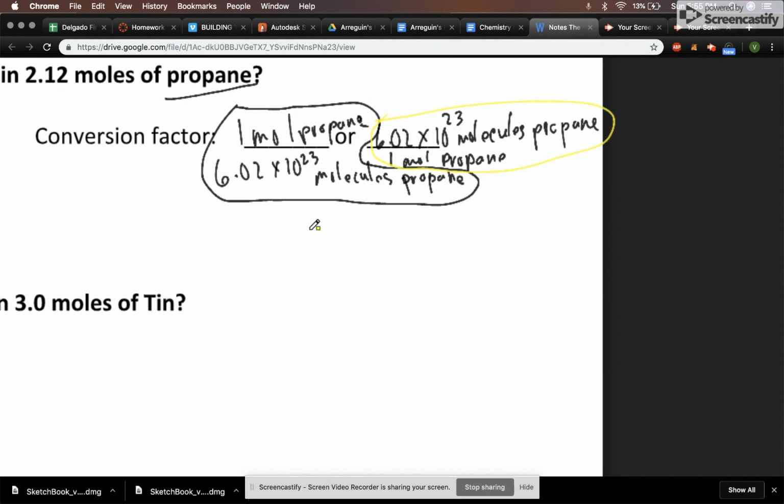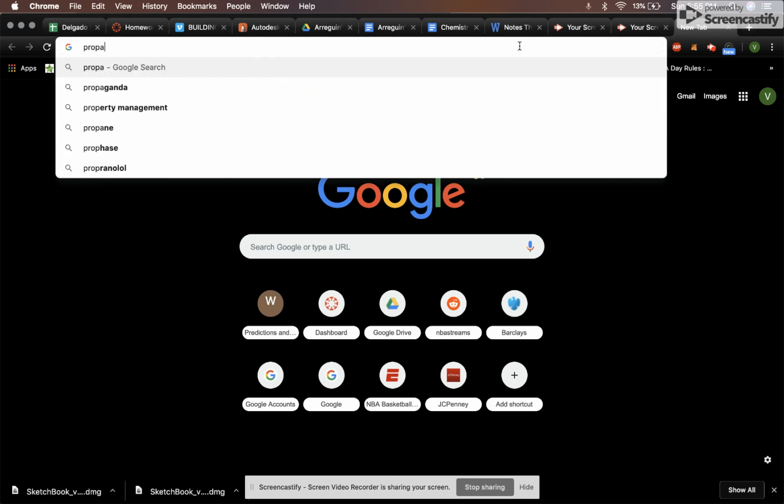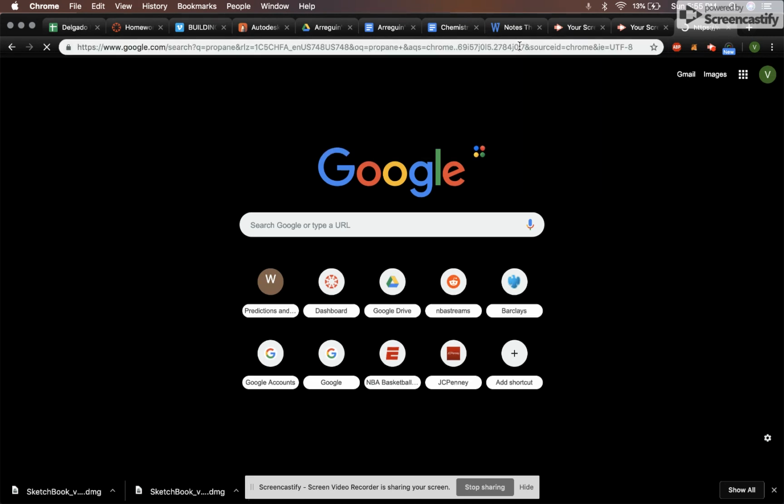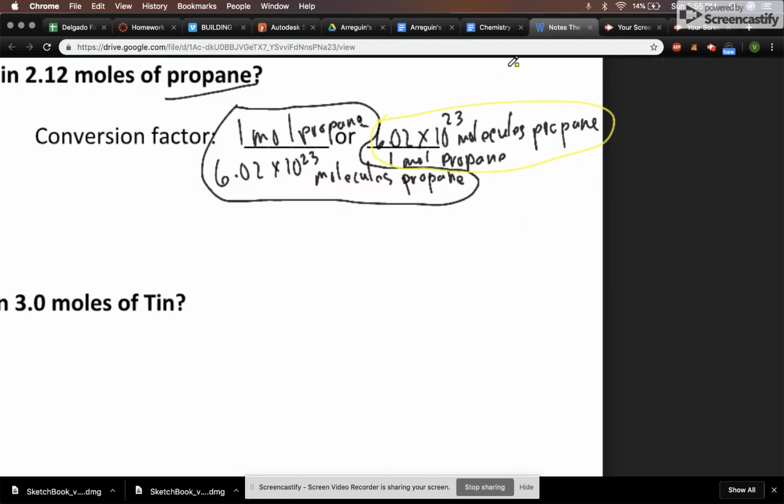The reason it's so big is because of having to write all those words. What we could do is write propane in its chemical formula. If we do that, we see that propane is C3H8. So we could replace that in here.